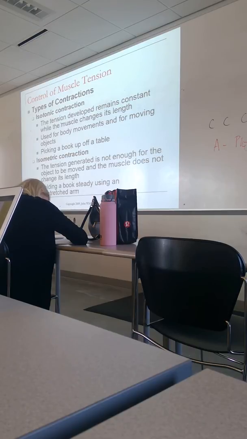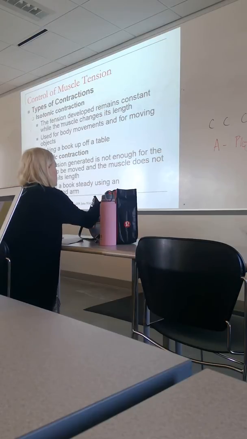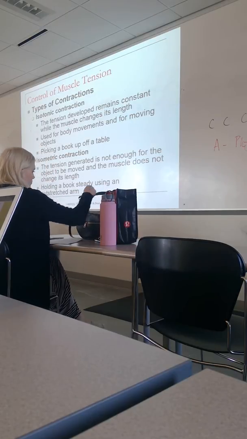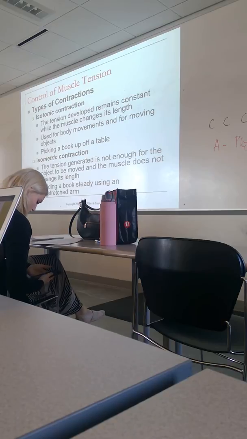What's metric then? Length, right? So if the length of your muscle does not change, then you call that isometric. If the length changes, then it becomes isotonic. That's how I try to remember. If the length does not change, it's isometric. And if it changes, you call it isotonic.